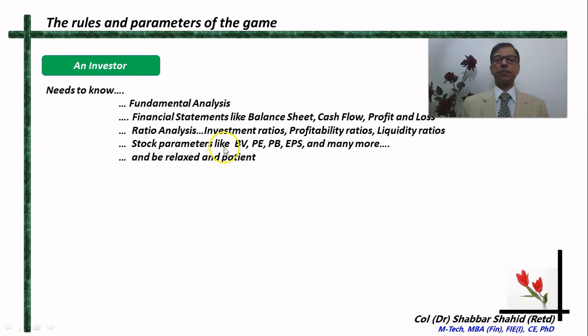And then the stock parameters like the book value, the price earning ratio, the earning per share, and many more things like that. And once you know all these things, then as an investor, you have to be relaxed and patient. You don't have to be on your toes all the time if you are an investor.